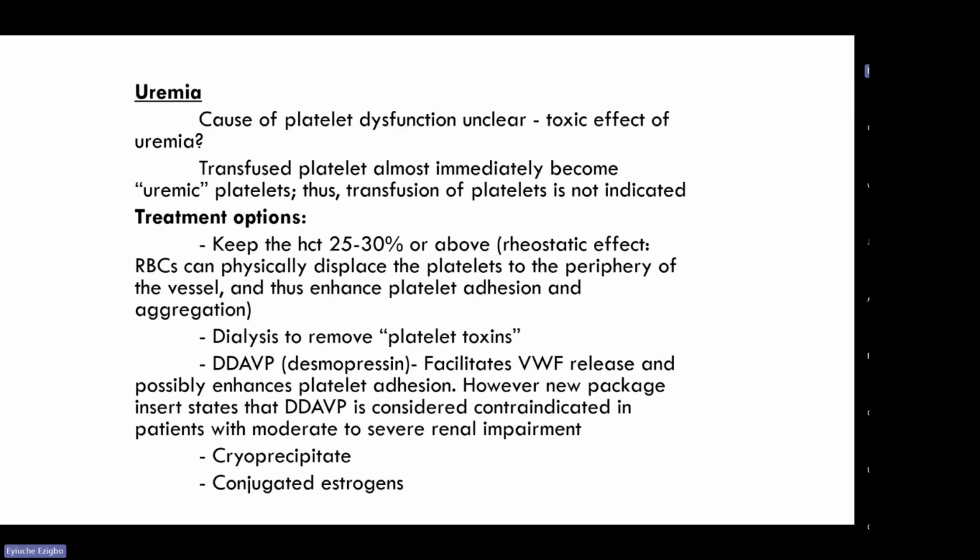Also, in situations of toxicity like in uremia, uremia can cause platelet dysfunction. Transfused platelets almost immediately become uremic platelets. Thus, transfusion of platelets is not indicated. You can't give platelets in this situation where the transfused platelets are also rendered inactive. The treatment option is to keep the hematocrit between 25 to 30 or above.